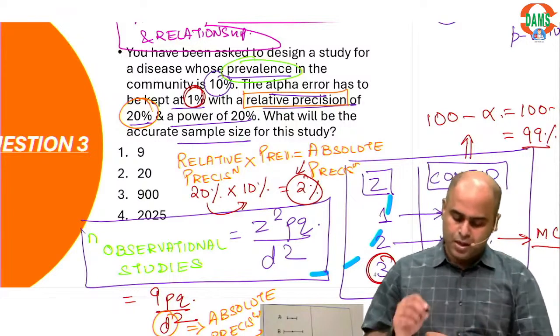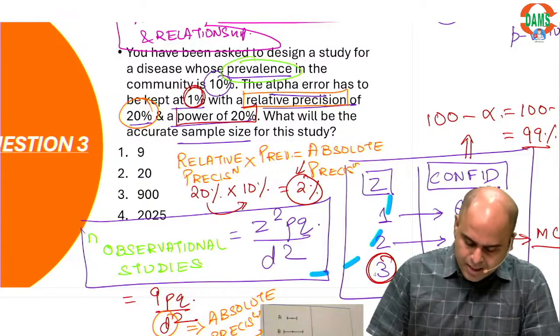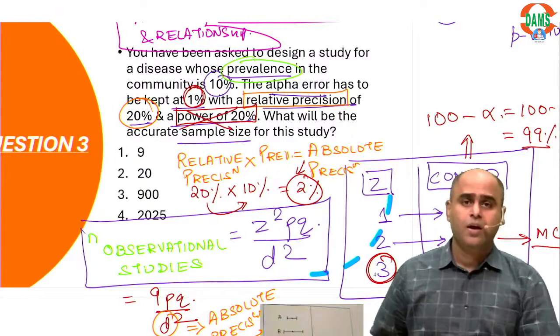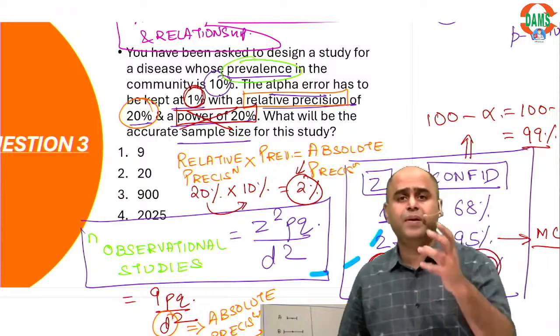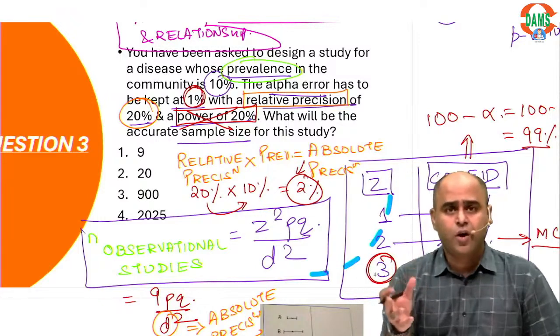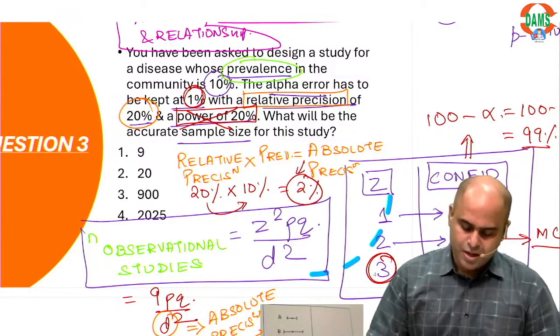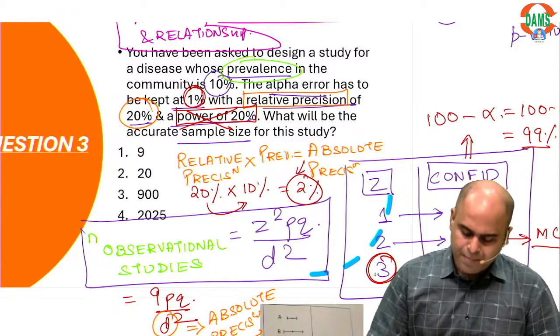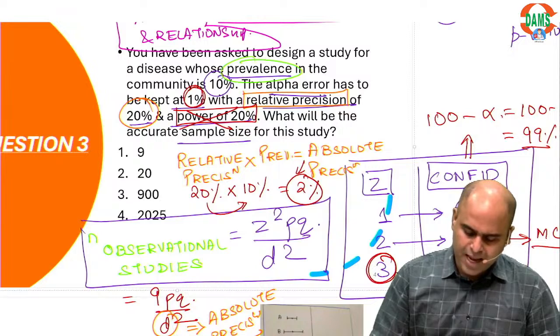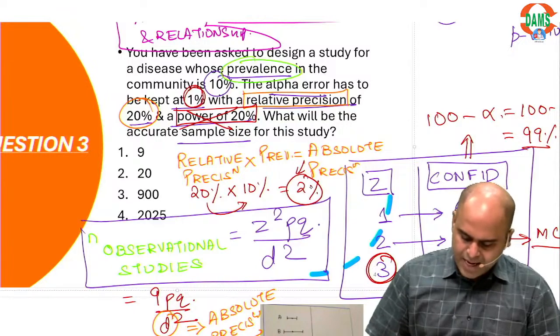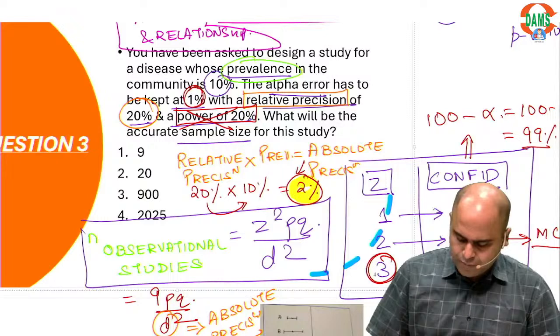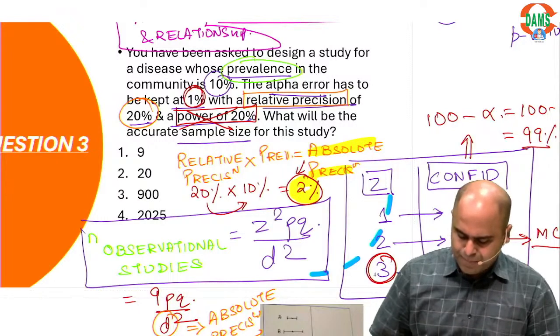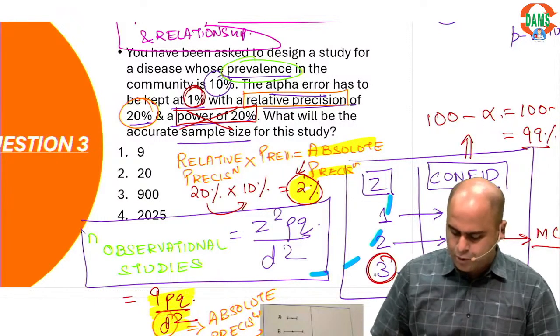2%. Now guys, power has nothing to do with sample size in case of observational studies. So now you can see my data is very categorically set because I am clear that I have an absolute precision of 2% and my sample size formula was 9 PQ by D square.